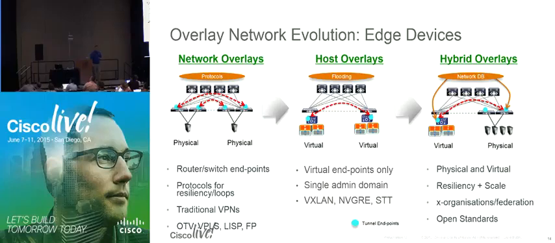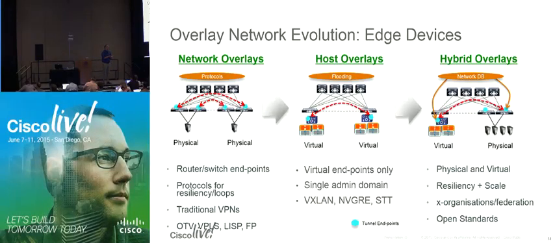So while network overlays can cover basically everything, the software or the host overlays are mainly focusing on the virtual environments there. And the golden thing to put both environments together, so that we can have virtual VTAPs and physical VTAPs, meaning the network side overlay, is obviously the hybrid, where we can mix and match the two together.